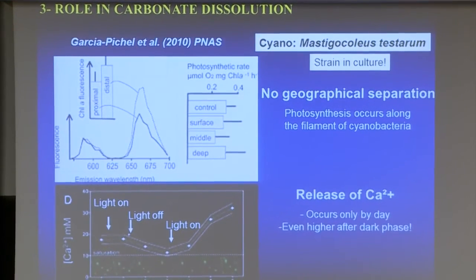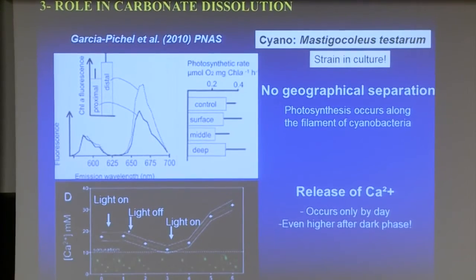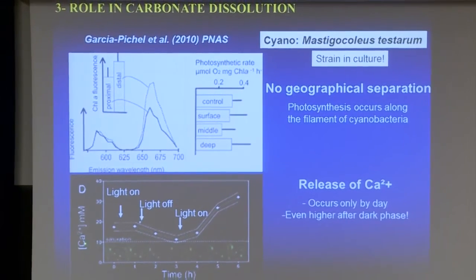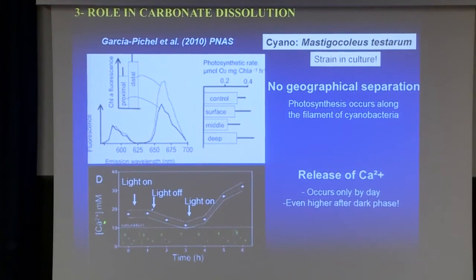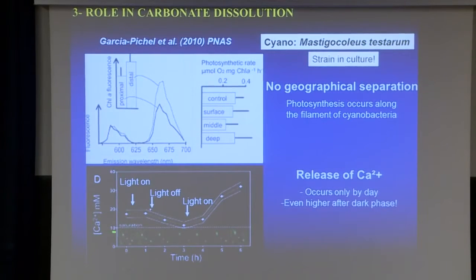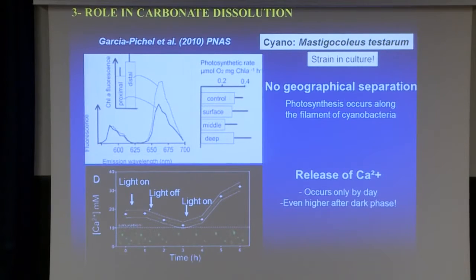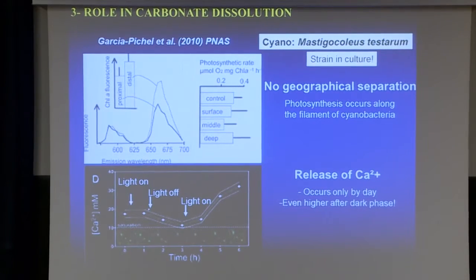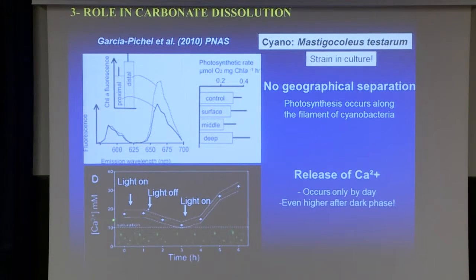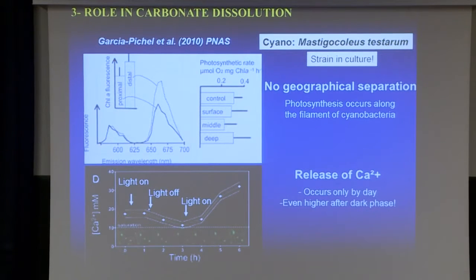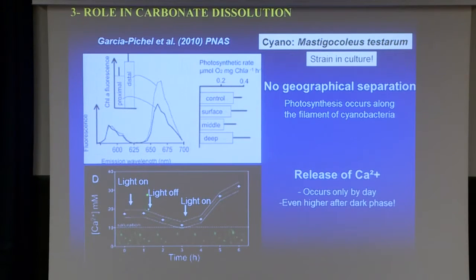Then, to show that it's related to calcium pumps, they measured the release of calcium in the medium. From here is the substrate, and the green are the filaments of the cyanobacterium Mastigocoleus. When the lights were on, there was release of calcium in the medium, and when they were turned off, it took 2 hours to stop the process.